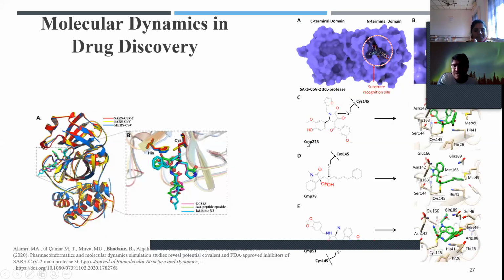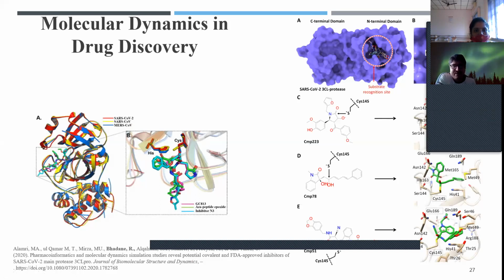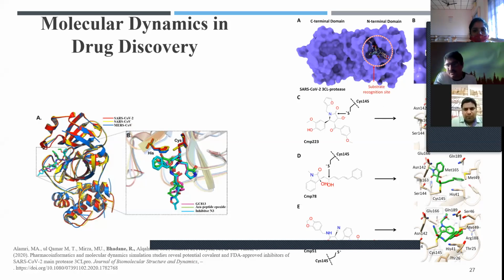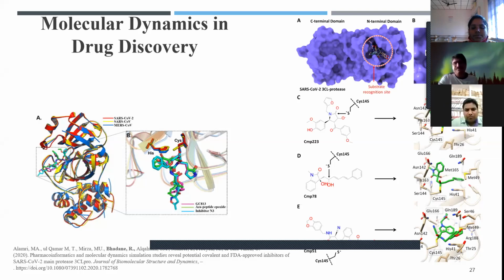So I will take one example where we performed molecular dynamics simulation on this SARS-CoV Mpro. So you know about the Mpro. You heard that this Mpro is a main protease which is responsible for cleavage of the nucleic acid core, and after cleavage the RNA is released.